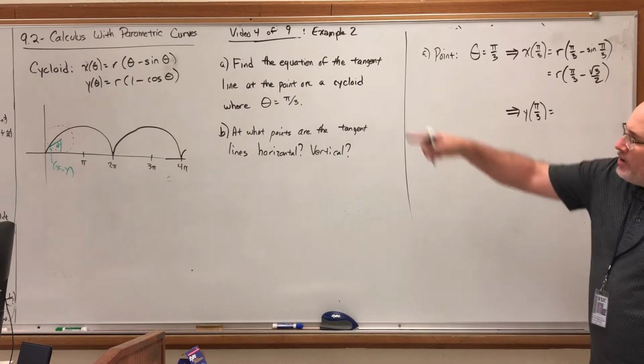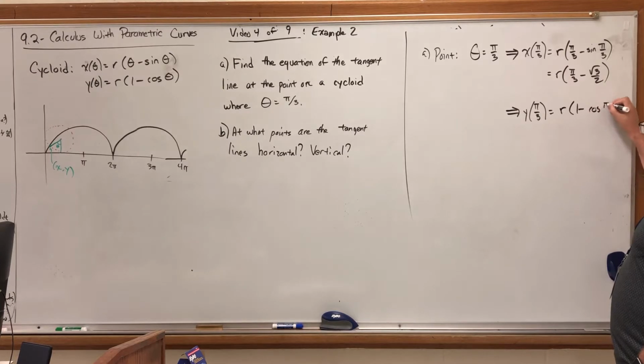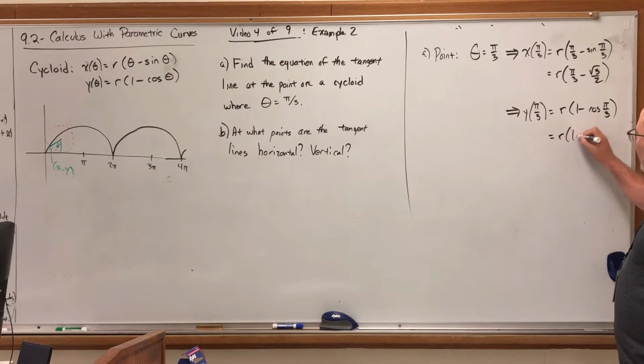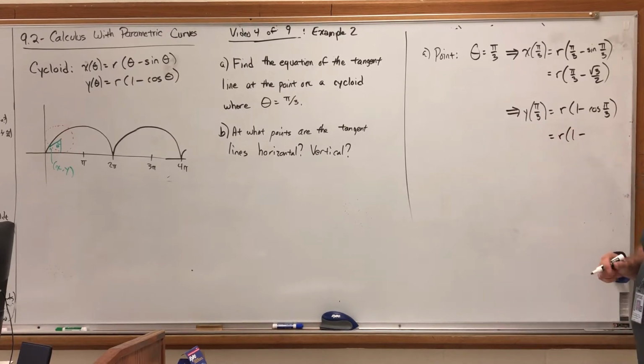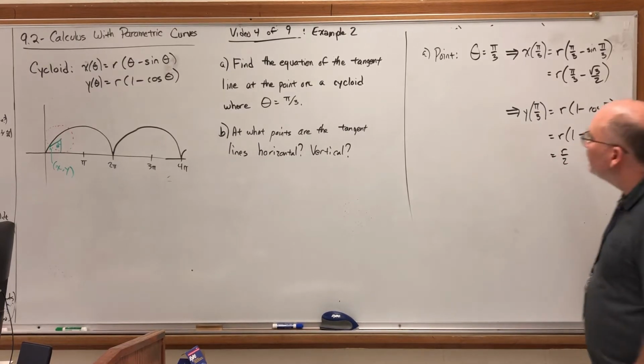And at pi over 3, our y-coordinate is r times 1 minus cosine of theta. So in this case, r times 1 minus cosine of pi over 3. Pi over 3, or 60 degrees if that's in your comfort zone, the cosine of that is 1/2. This one's a little easier to finish. 1 minus a half is a half, and r times 1/2 is r over 2.